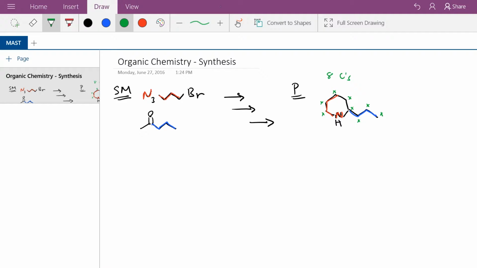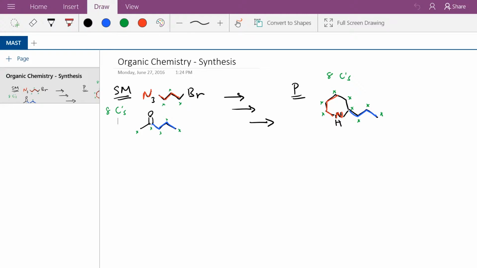And if we count the carbons in our starting materials, we have 1, 2, 3, 4, 5, 6, 7, 8. So we also have 8 carbons total in our two starting materials. So this suggests that all the carbons in the product are likely from just the starting materials, so you don't have to add or remove any carbons throughout your synthesis.